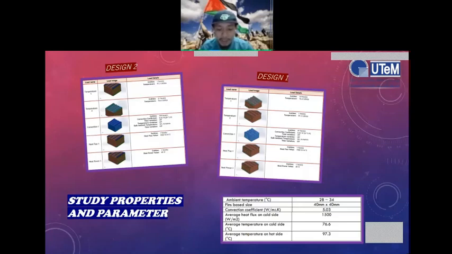The temperature at the cold side is 76.6 Celsius, which is at the top of the fins. And then we set the hot temperature at 97.3 Celsius, put at the base of the fin, and the ambient temperature is 28 Celsius or 301.15 Kelvin. Next.